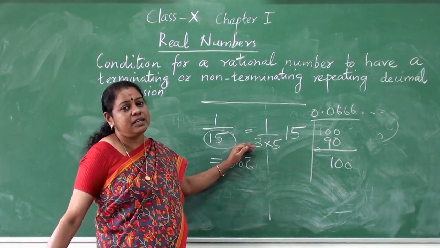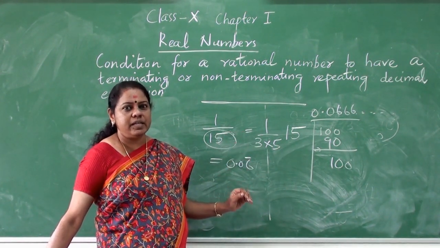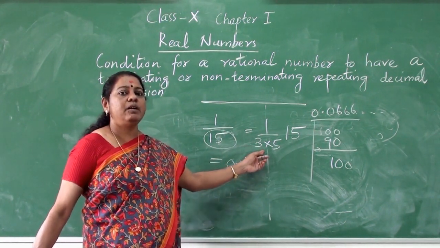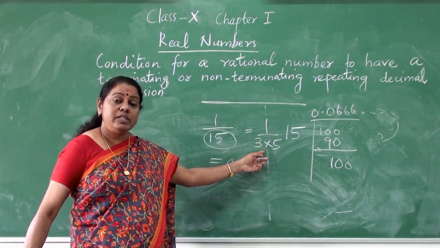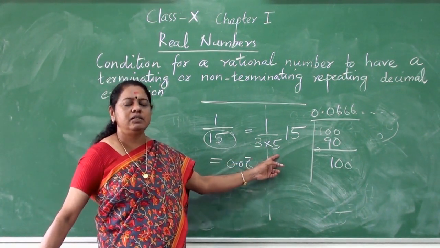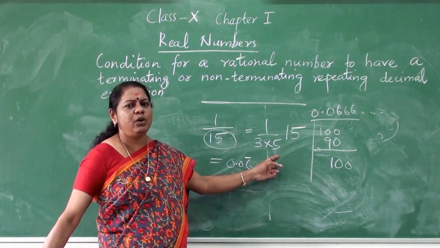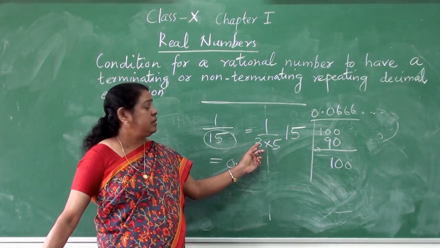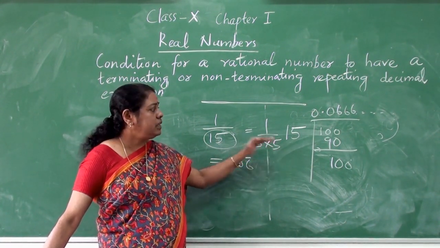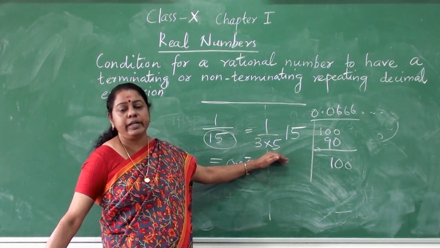This is the condition for a rational number p by q, in standard form where p and q are co-primes: if the denominator has a factor 3 other than 2's and 5's, then the decimal expansion is non-terminating repeating.